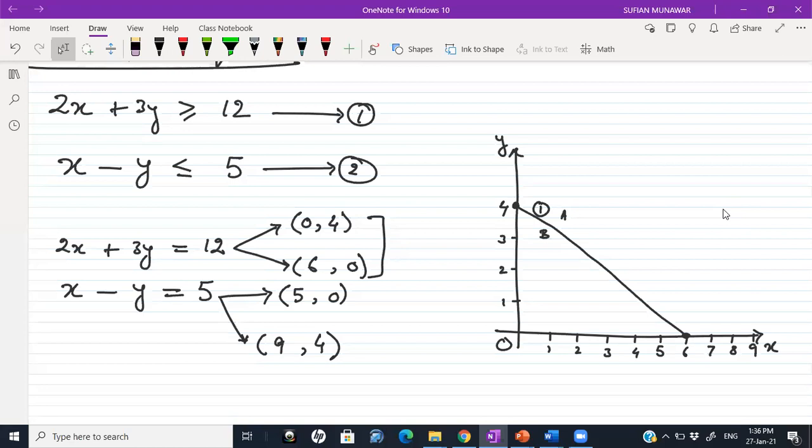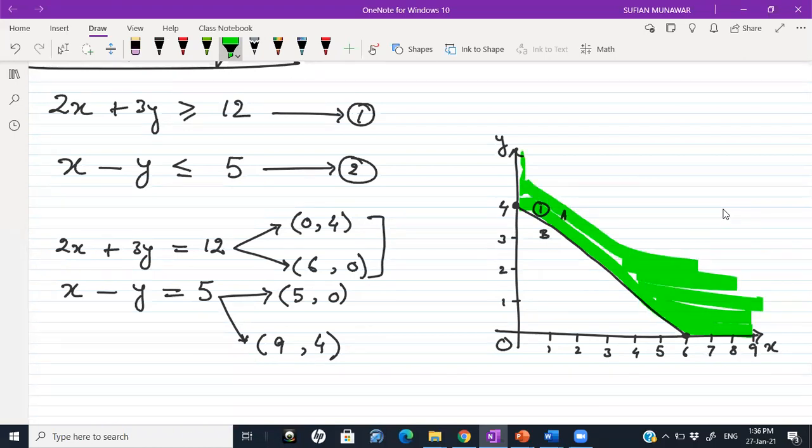This means the area above is the true area. Okay, we shade the area above.